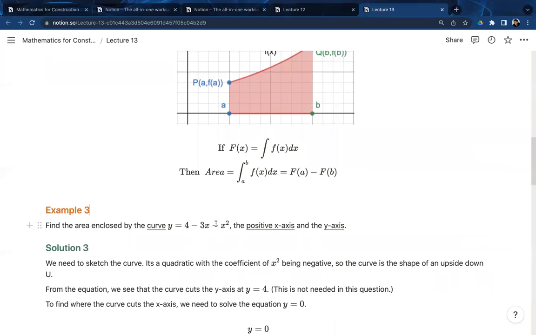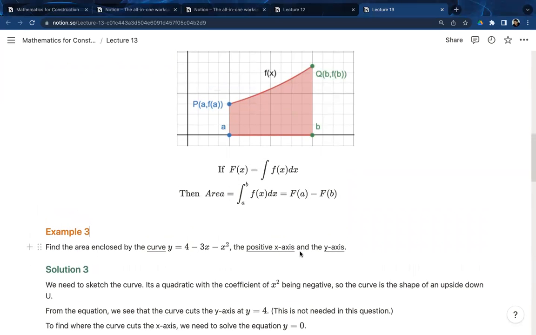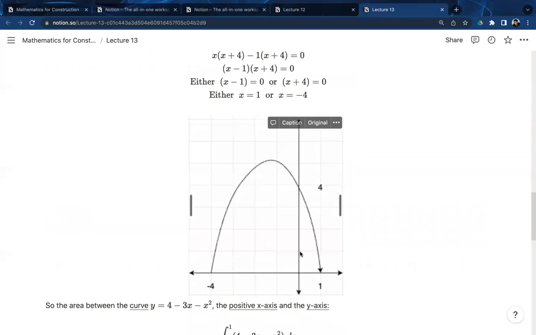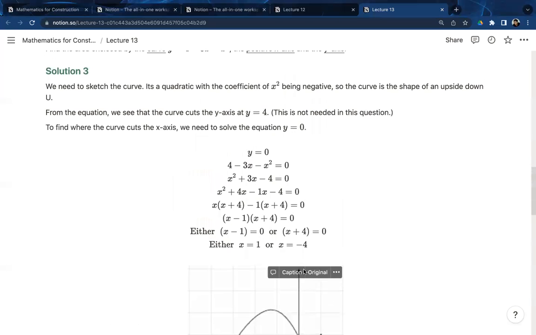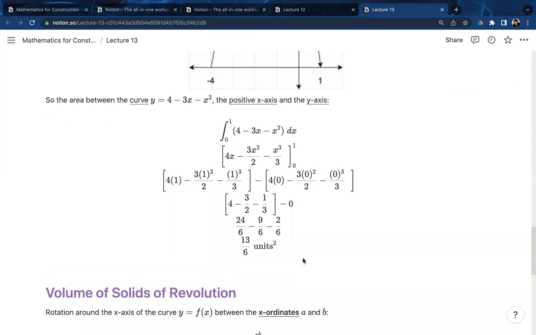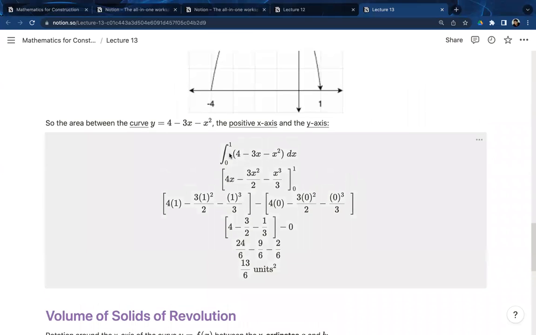This is the curve, and they wanted the area between the positive x-axis, y-axis, and the curve, right? We drew a diagram of the curve here, and they wanted this shaded area here, that is between 0 and 1. So we integrated between 0 and 1.